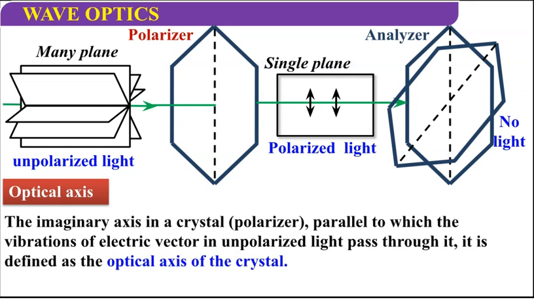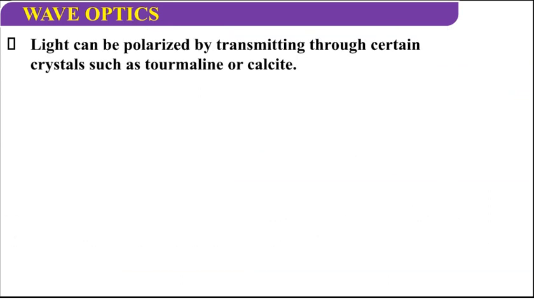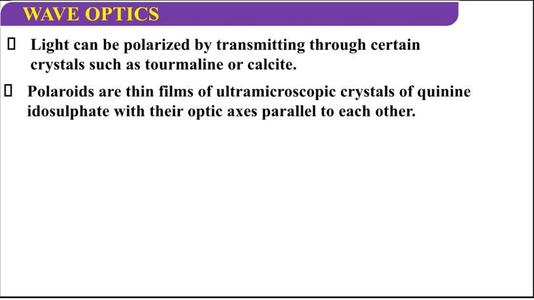What does it mean? The imaginary axis in a crystal polarizer, parallel to which the vibration of the electric vector in unpolarized light can pass through it, is defined as the optical axis of the crystal. Light can be polarized by transmitting through certain crystals such as tourmaline and calcite.